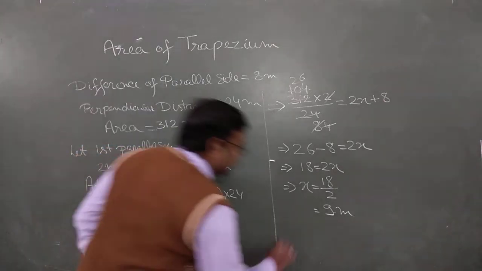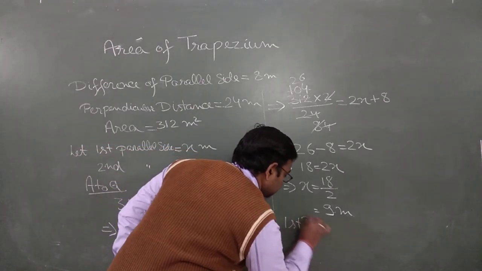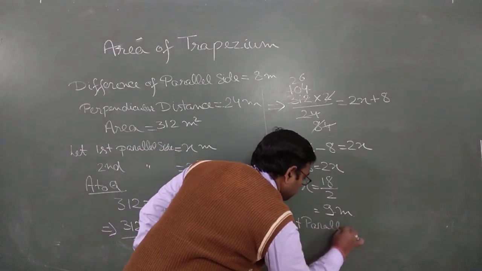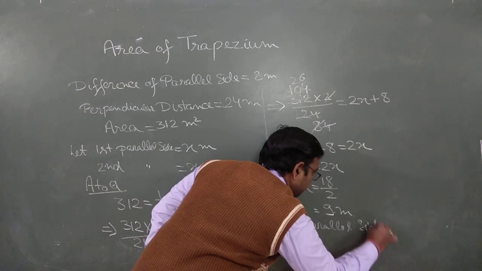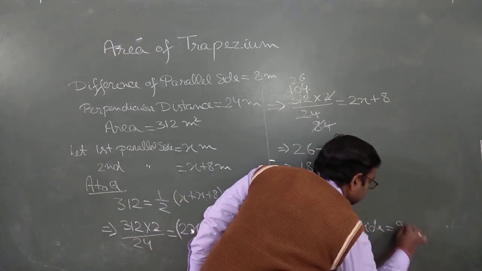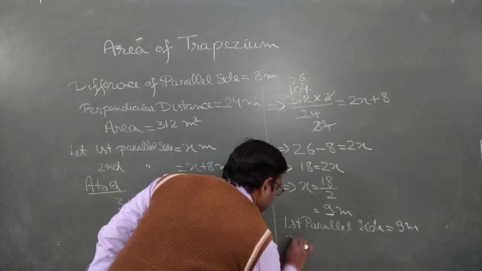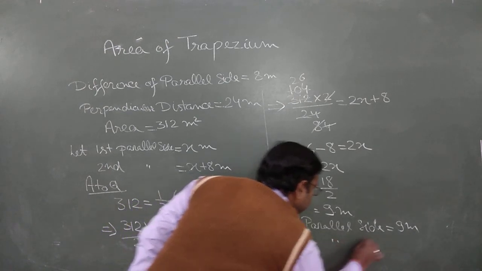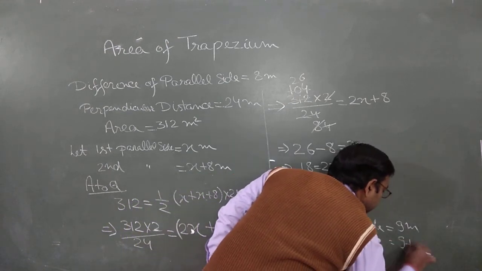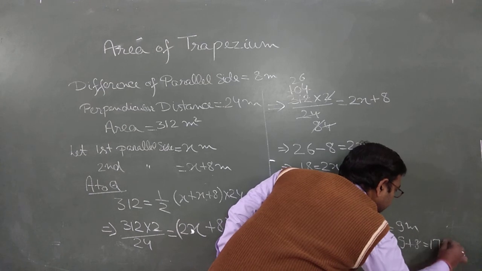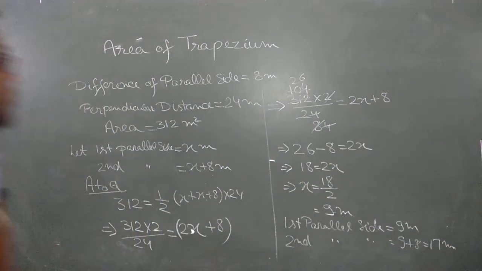The first parallel side equals 9 meter, and the second parallel side equals 9 plus 8, 17 meter. So this is your solution.